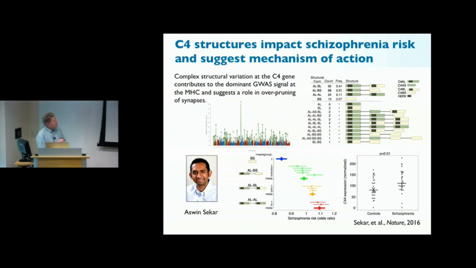But fine mapping in the MHC is very, very challenging. But Ashwin Sekar was able to go in and fine map this, and what he found was that the signal fine mapped to the C4 gene.